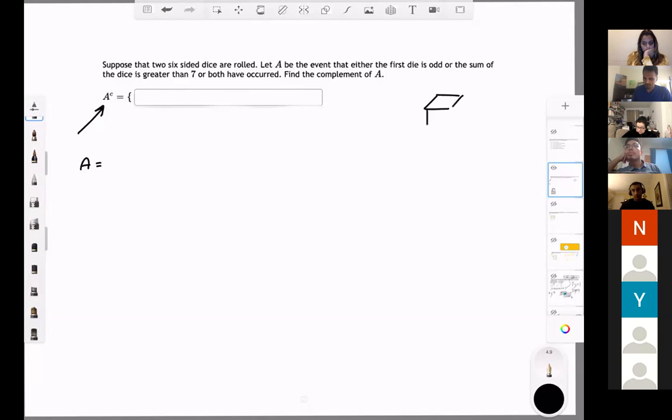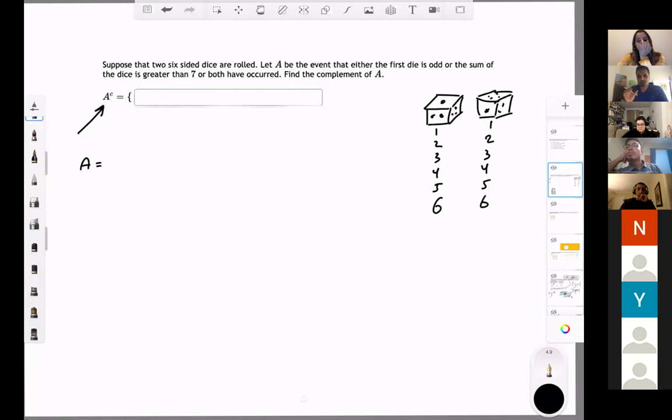So we have 1, 2, 3, 4, 5, 6 for this one, and the second one also has the same, correct? Option 1, 2, 3, 4, 5, 6.